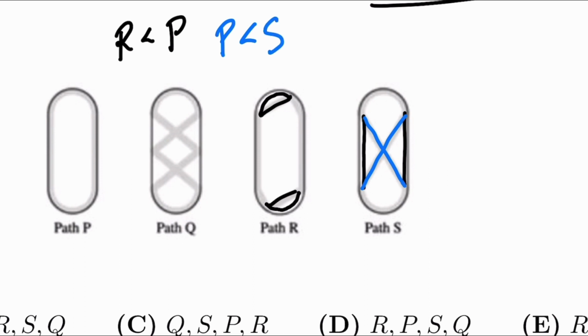And now, lastly, we can take a look at the comparison between Q and S. We can draw in the S on top of Q, looks like this, and path Q looks like this. Now, when we look at the entire thing, it might be overwhelming.